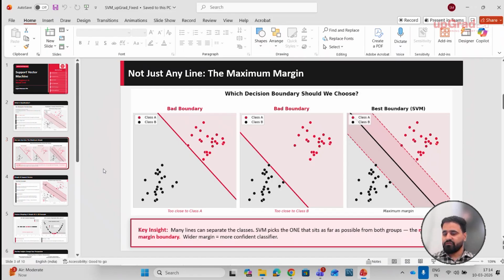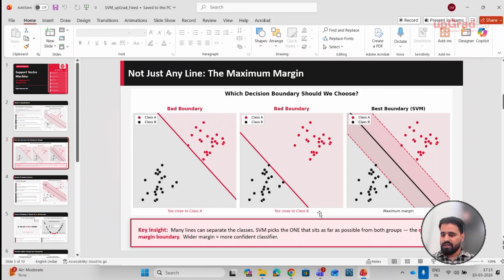Here we have three different examples. In the first example, you can see your hyperplane line, or decision boundary line, is very close to class A. Is it a good boundary? Is it doing your classification properly? I must say no. Similarly, in the second case, this hyperplane line is close to class B. Is it a better decision boundary?